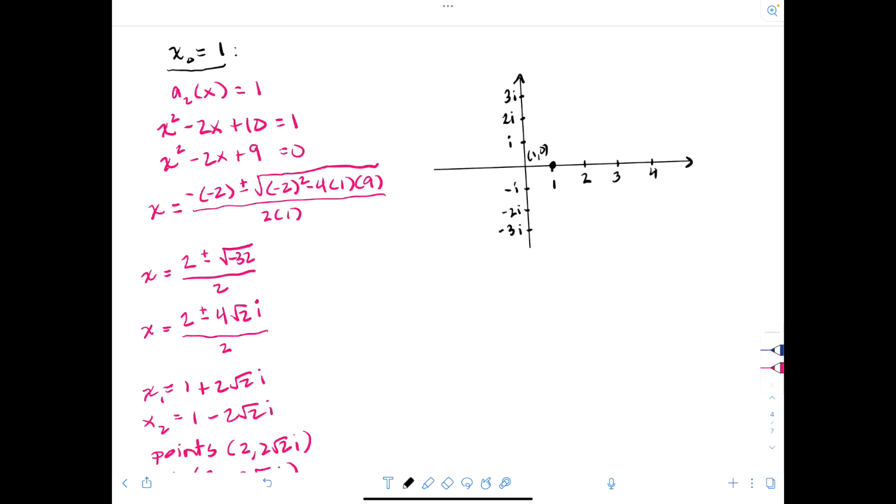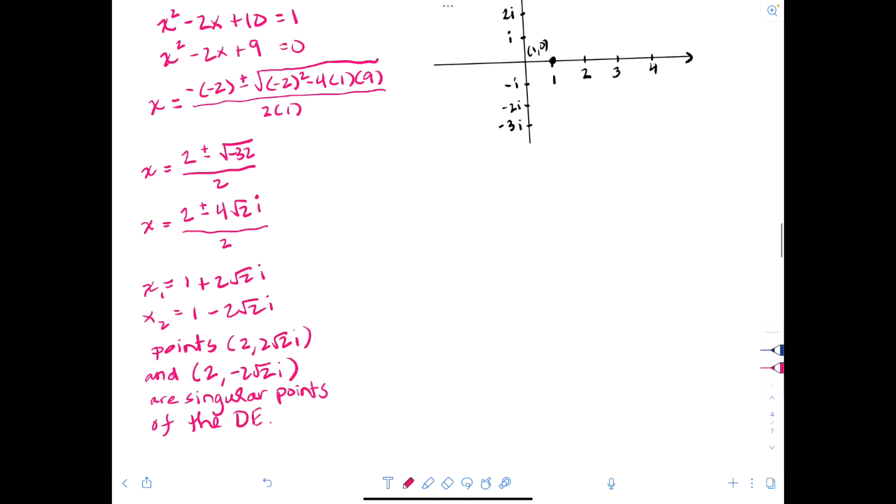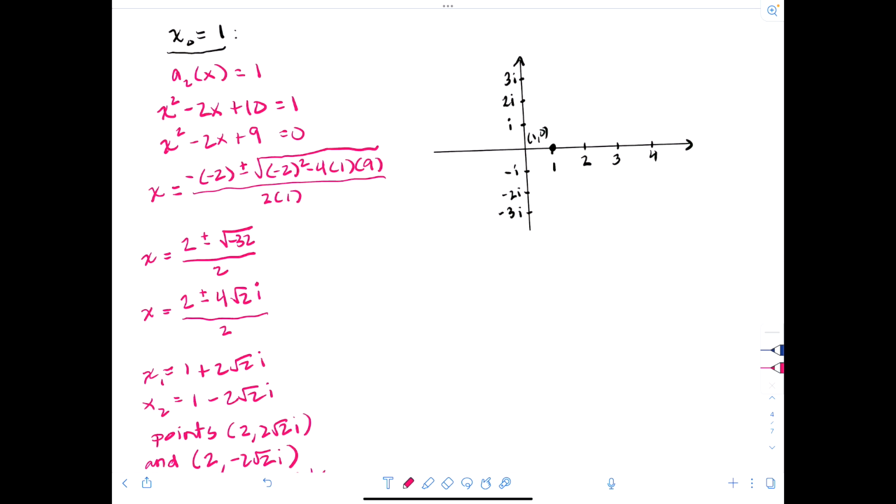So we're shifting to 2, because it'll be over 1, from the 1 plus 2 root 2I. So we're shifting over to 2, and then it'll be just above there. And then the lower one would be about here.